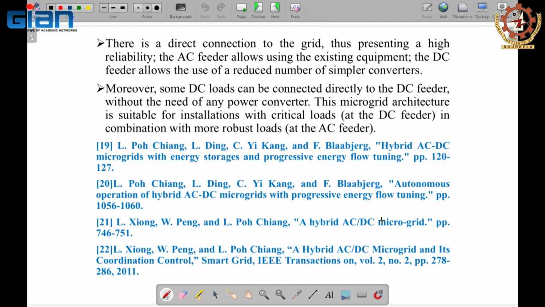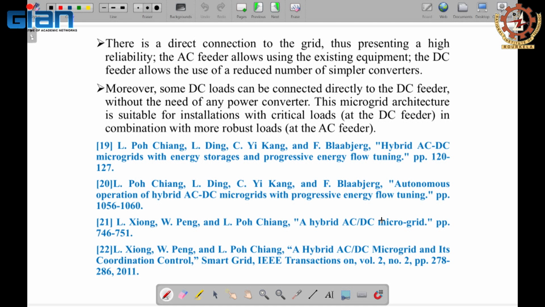So now again we have started seeing the option that rather than all the loads being AC, can we think of some loads to be DC as well? Whatever electricity we are generating from the photovoltaic system is DC. Can this DC be directly used?